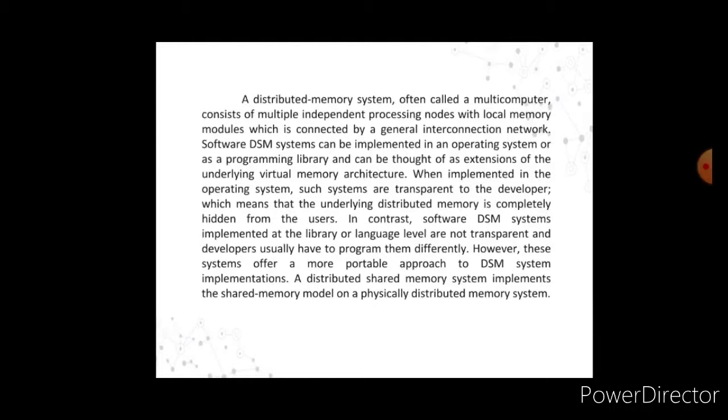A distributed shared memory system implements the shared memory model on a physical distributed memory system. In a system that supports DSM, data moves between secondary memory and main memory, as well as between main memories of different nodes. That is the main concept, just the introduction part of distributed shared memory.